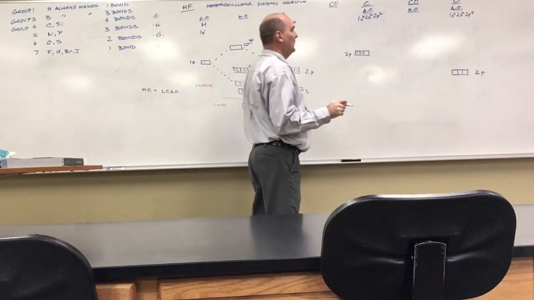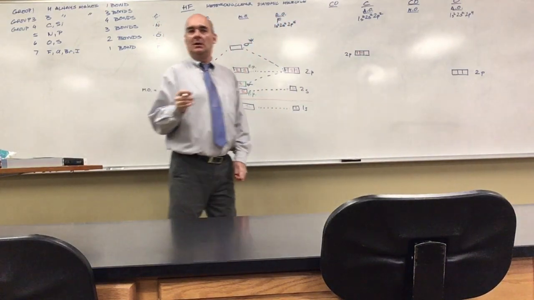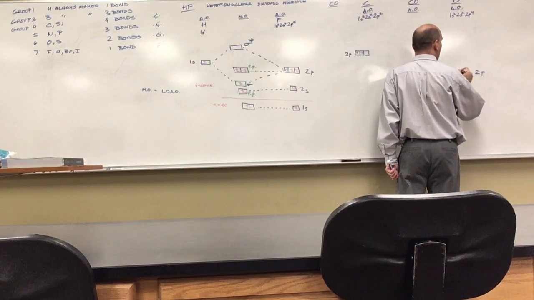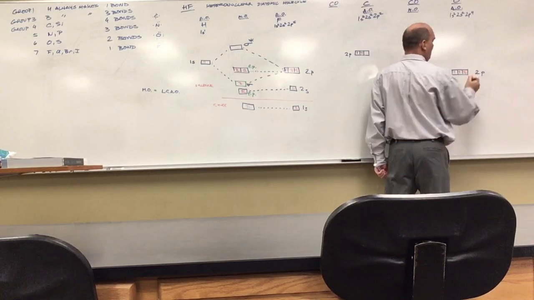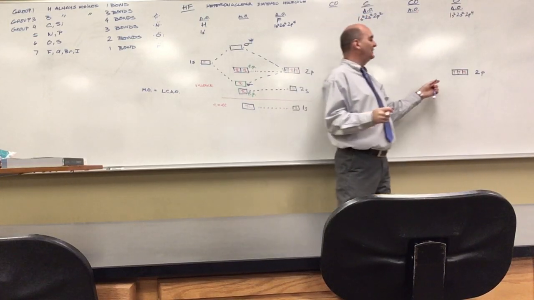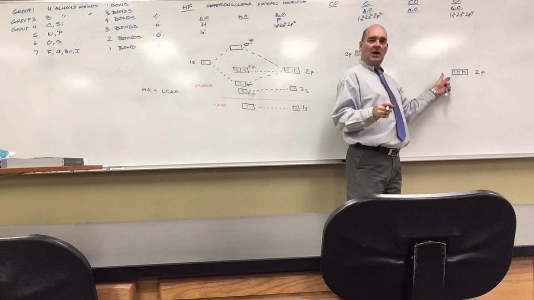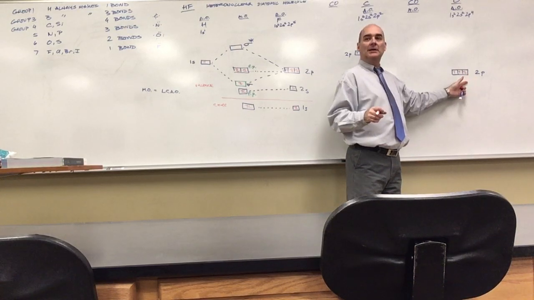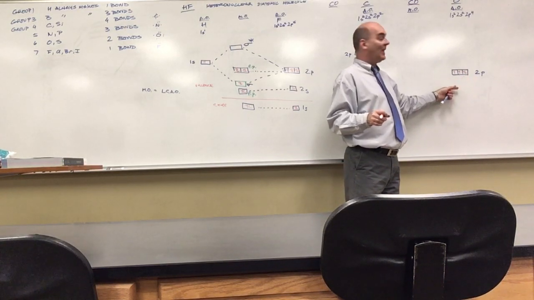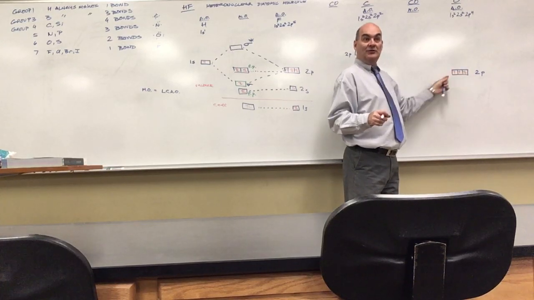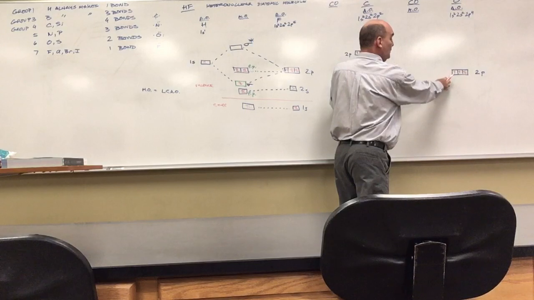Carbon is 2p2, and oxygen is 2p4. There's the first three, and then there's the second one. When it comes to MO diagrams, there's no real wrong way to do this, but we do tend to start at the left, work our way right, and then double up and come back. The reason that we do it that way is that it leaves the unpaired electrons, the bonding electrons, open for you to mix.